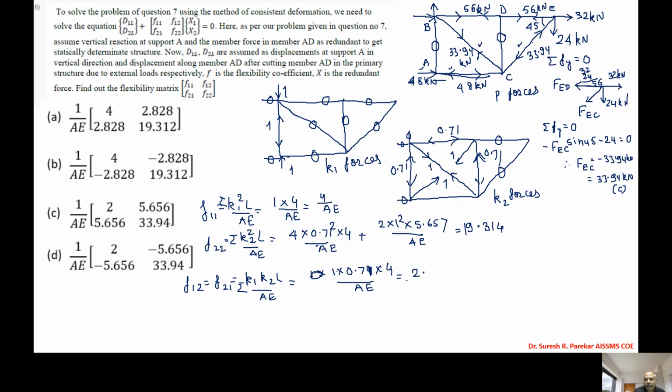So from this we will actually get 2.84 if we take 0.71. If we take 0.707 then we exactly get 2.828. And this will be option A. So we have option A.